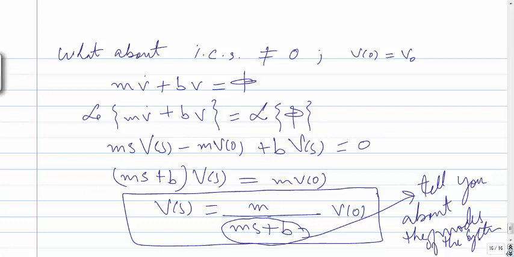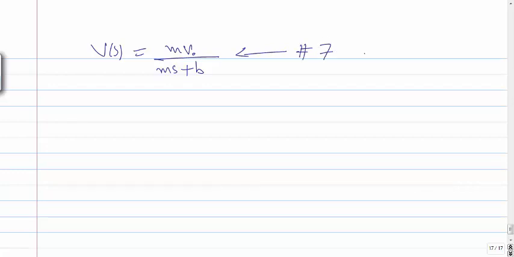Now if I look at the time response here, for example, if I take the inverse Laplace of this, v of s is equal to m v naught of 0 over ms plus b. If we apply the inverse Laplace here, if we look at entry number 7 on the table, it says that when the Laplace is 1 over s plus a, the time function is exponential minus a t.